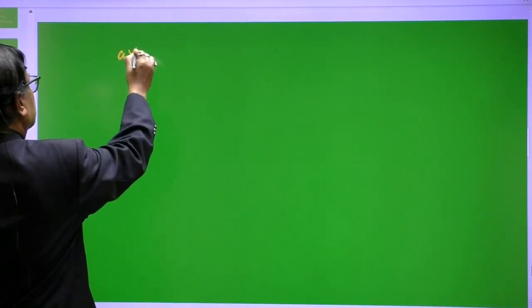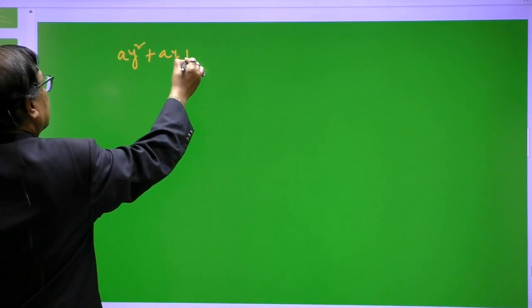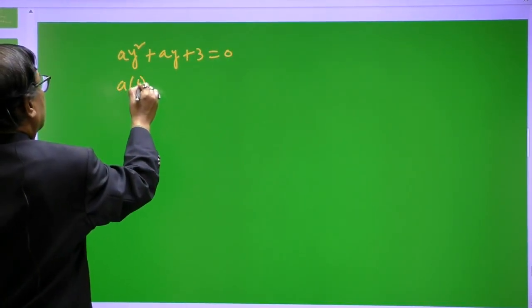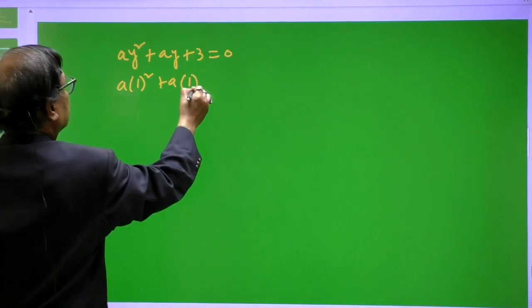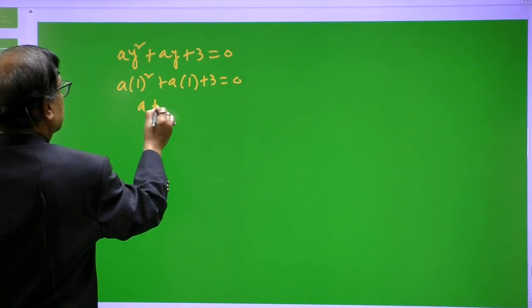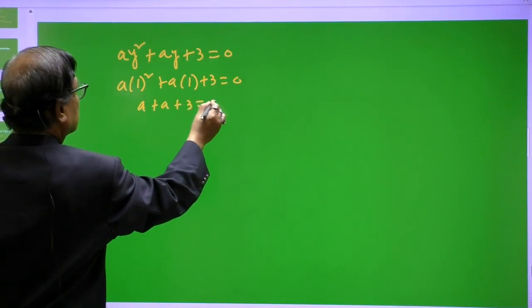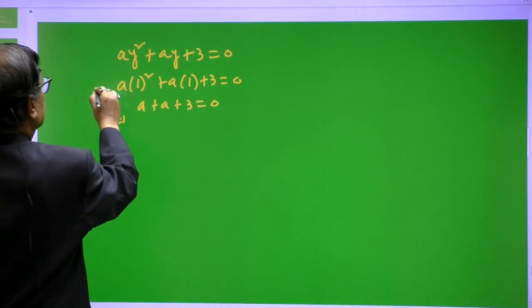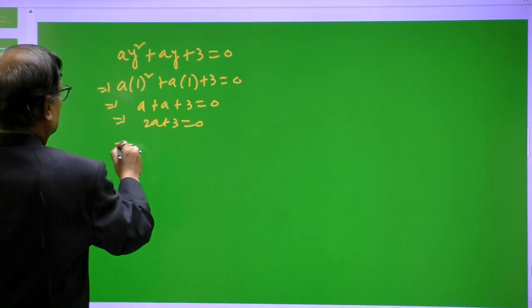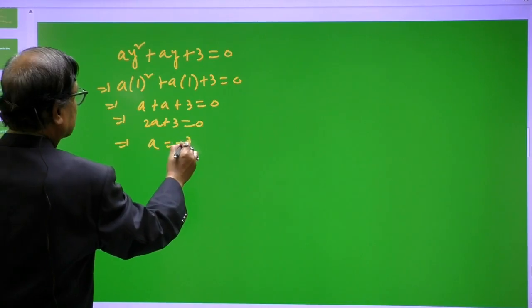So how to solve it? 1 is the root of the first equation, ay square plus ay plus 3 equals to 0. So a into 1 square plus a into 1 plus 3 equals to 0. That is a plus a plus 3, so 2a plus 3 equals to 0. That implies a equal to minus 3 by 2.